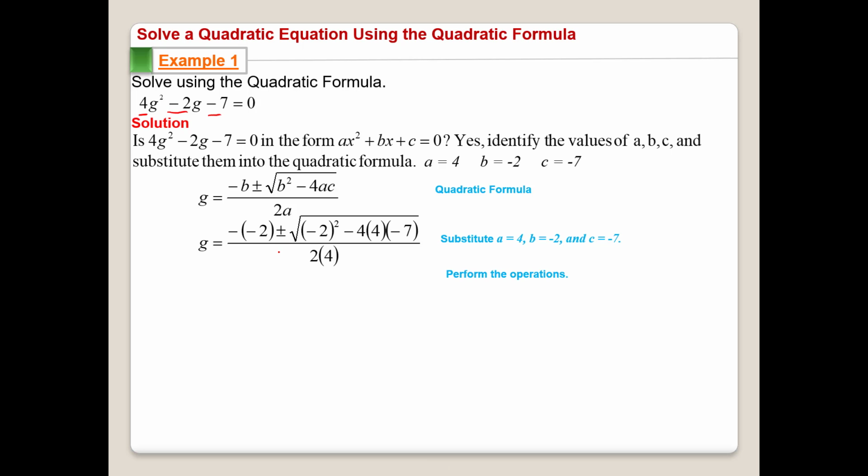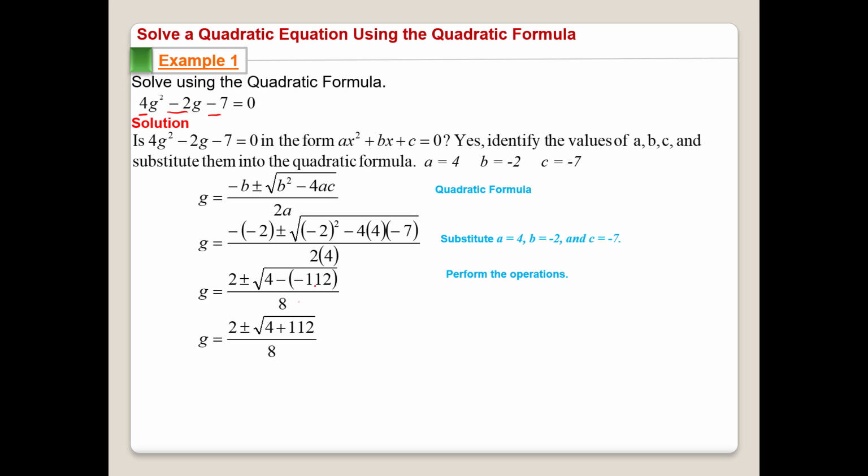Then we perform the operations to simplify. So negative times negative 2 is positive 2, plus or minus the square root of negative 2 squared, which is a positive 4. And then we have minus 4 times 4, which is 16, times negative 7, which gives us negative 112. So we have 4 minus a negative 112, all over 2 times 4, which is 8.